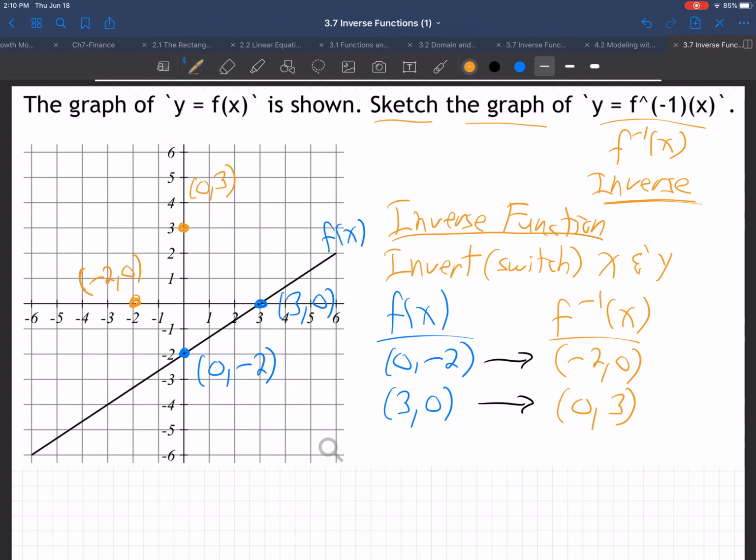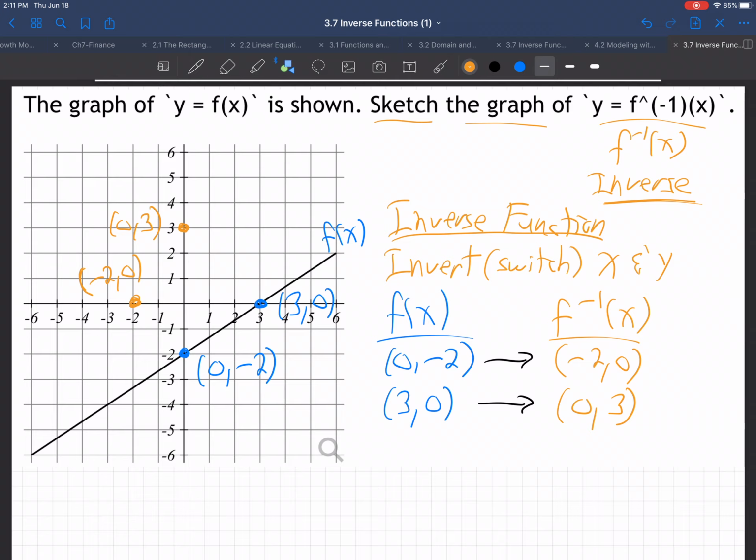Now that's enough. All we really need is 2 dots. That's good enough. Okay, so let's draw the graph. I'm going to draw the inverse function graph now.